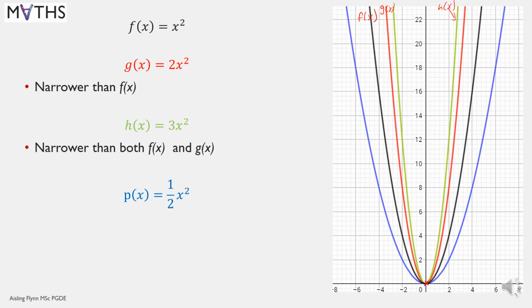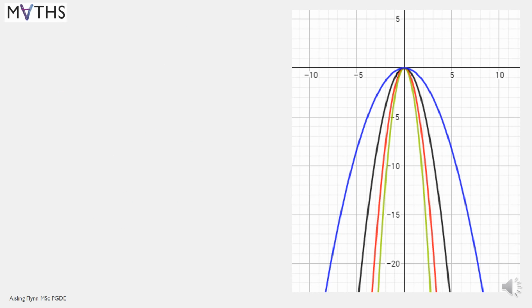If you multiply by a number that is smaller than 1, it has the effect that the outputs are less than those of just x squared. Okay, and what that means is that the line climbs much more slowly, and so it looks much wider or broader than the other ones.